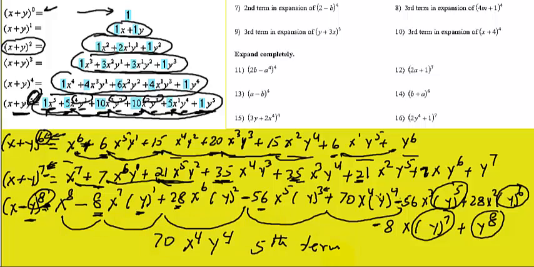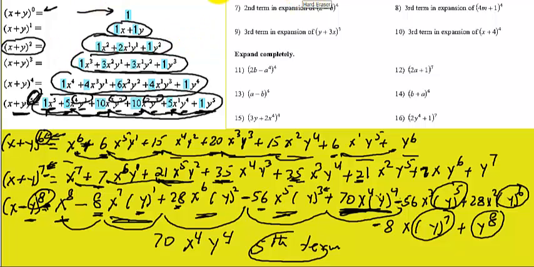So this is the 5th term. Let's check. First term, second term, third, fourth, 5th. There it is. This is a binomial expansion, but there's a shortcut to this one, and we'll do that tomorrow.